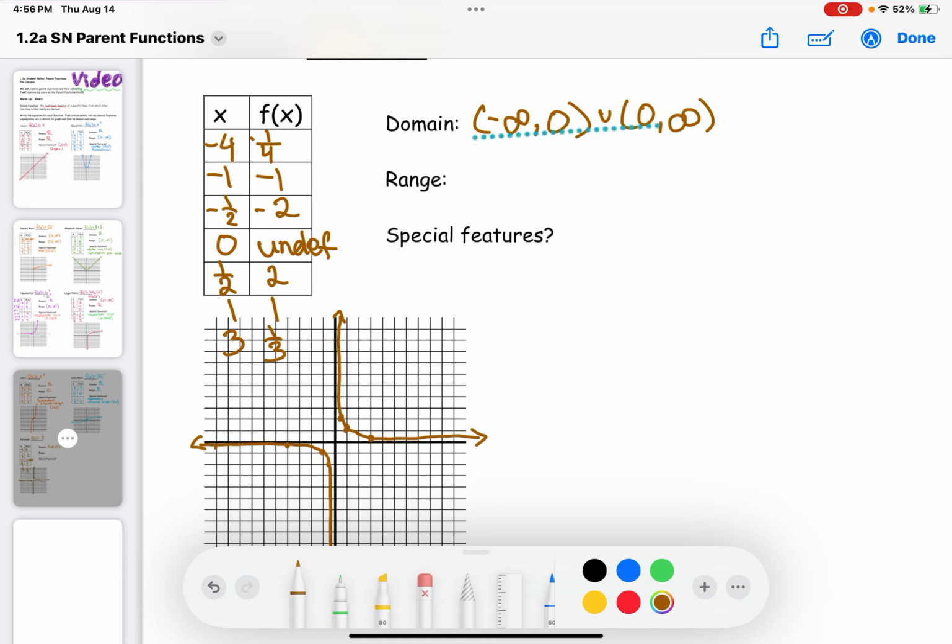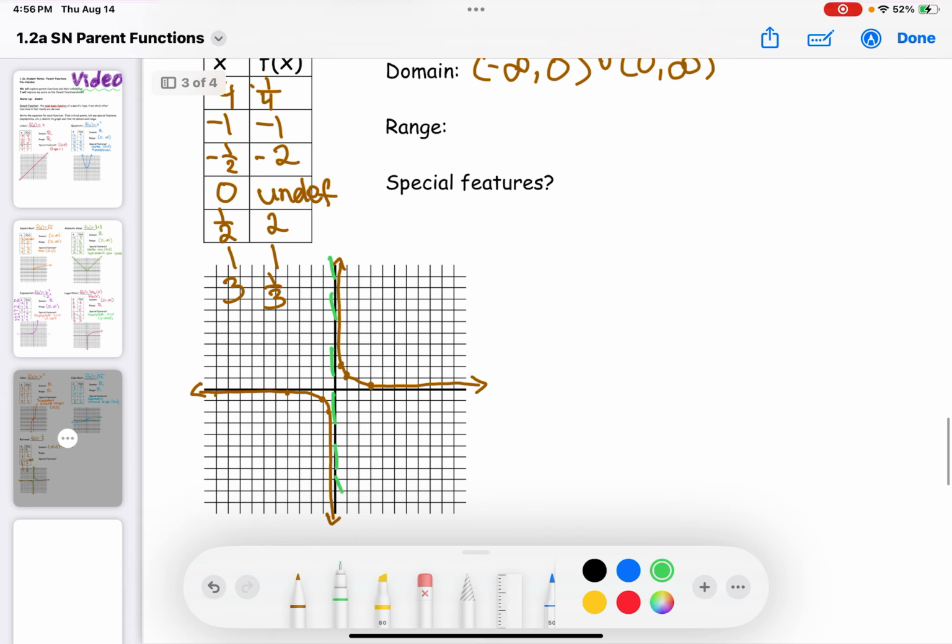That includes everything except 0. Now, the range, bottom to top, is going to do the same thing. We did not include x equals 0, and we are not going to include y equals 0. So the range will be the same thing: -infinity to 0, union 0 to infinity.